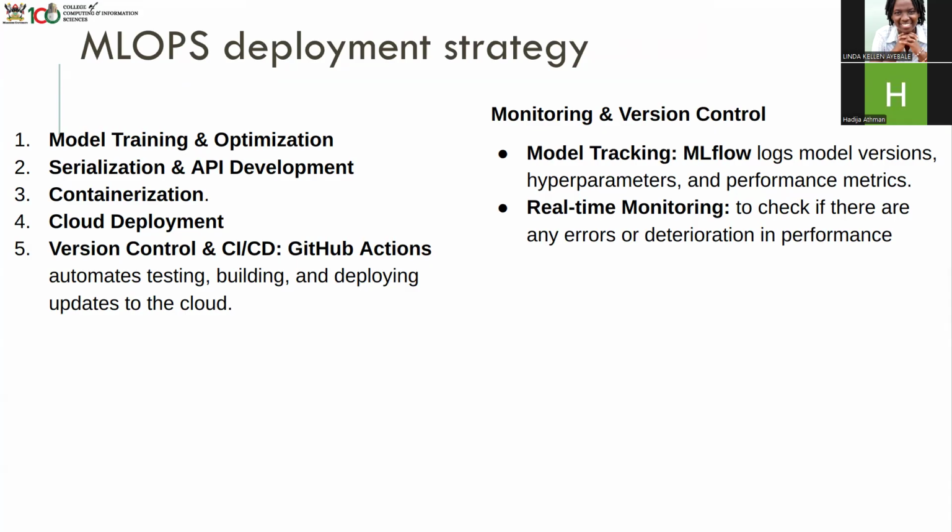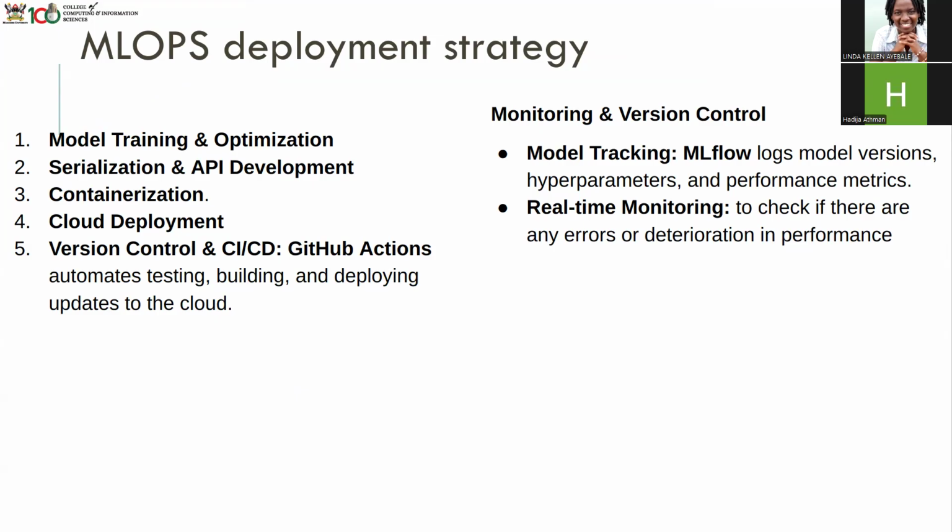When we have the best performing models, we save and serialize them using TorchScript in the PTH format, and that will be the format that we use for deployment using the Flask API.